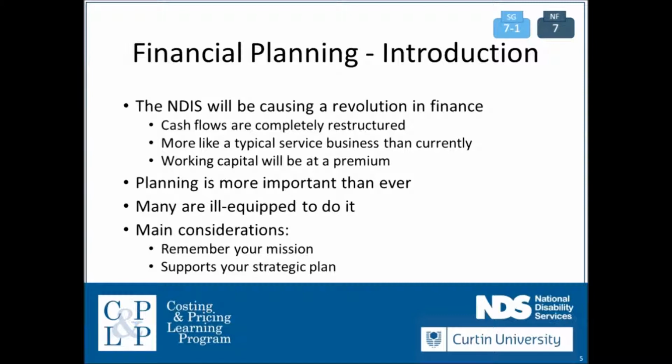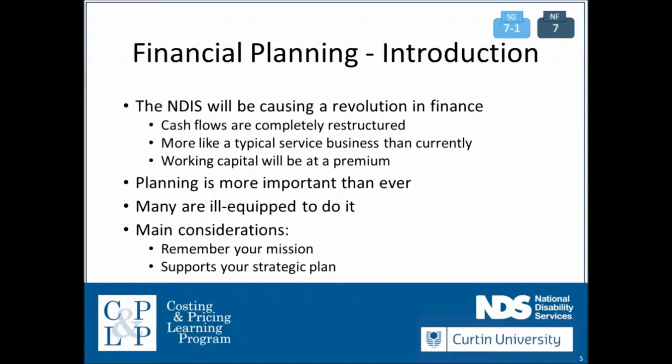The NDIS effectively is a catalyst for this within disability services organisations, but individualised funding more broadly, which has been accepted by all governments in Australia, requires us to start looking at financial planning aspects of our organisation.